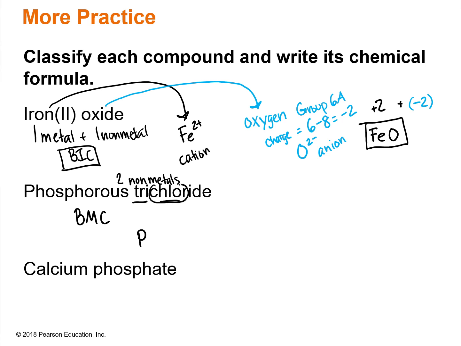The chlor tells you that it comes from chlorine. So we're going to put Cl. Tri tells you that there are 3 chlorine atoms. So you write the subscript 3 for the chlorine.